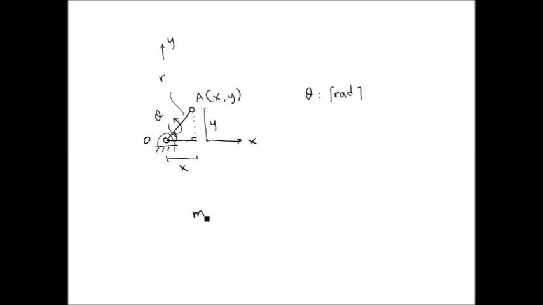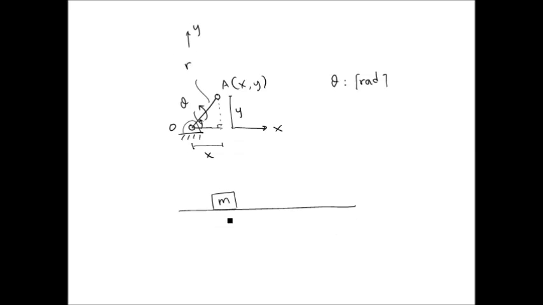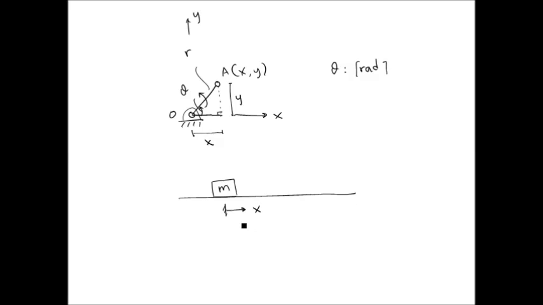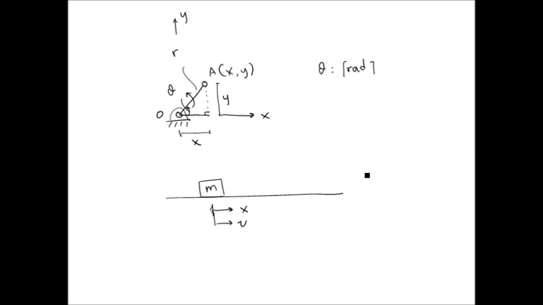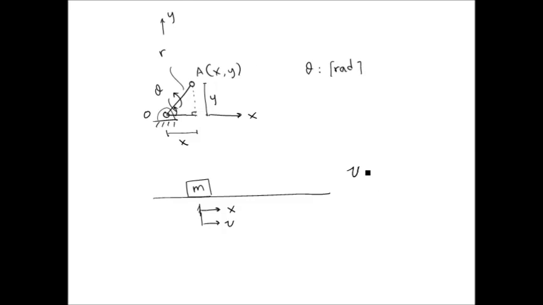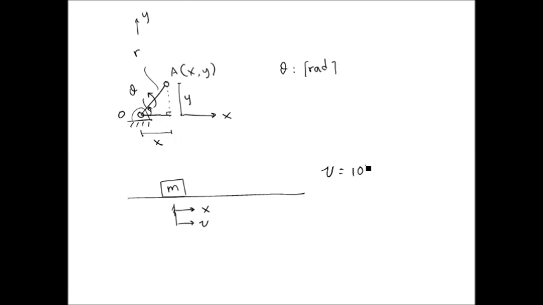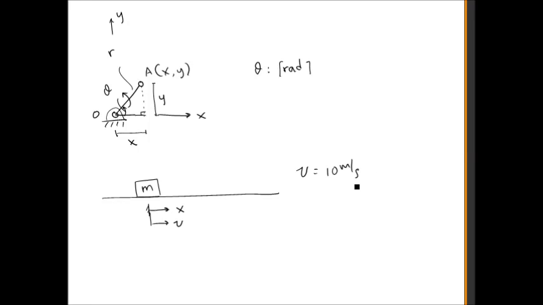Just to backtrack a bit here, if you had a mass that was sliding on a horizontal surface, and if I was going to measure its distance traveled x, and if I was going to measure its velocity v, if it had a constant speed, for example, v was 10 meters per second, the distance is equal to rate times time, so x would be v times t.